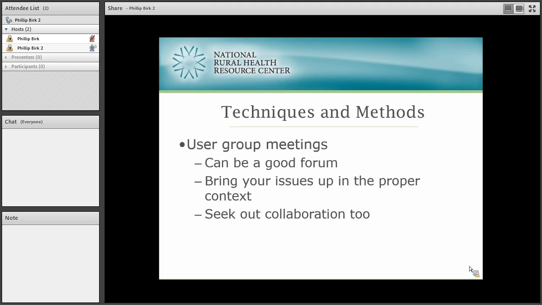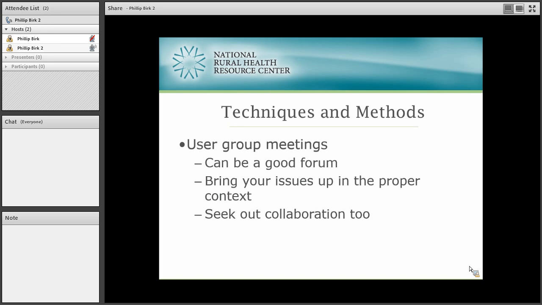Sometimes collaborative efforts can be extraordinarily powerful. If you're in a network where many of you have the same vendor, if you start to make friends as much as you can with other hospitals or clinics or other providers that have the same vendor, teaming up if you're all having the same problem can be extremely valuable, very beneficial to you and your peers.